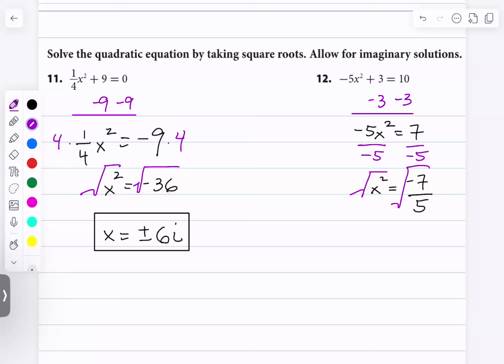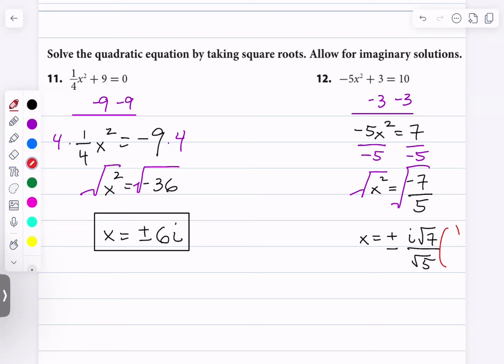Square root on both sides. So we have x equals plus or minus i square root of 7 over square root of 5. Correct? Is that my answer? No, right?